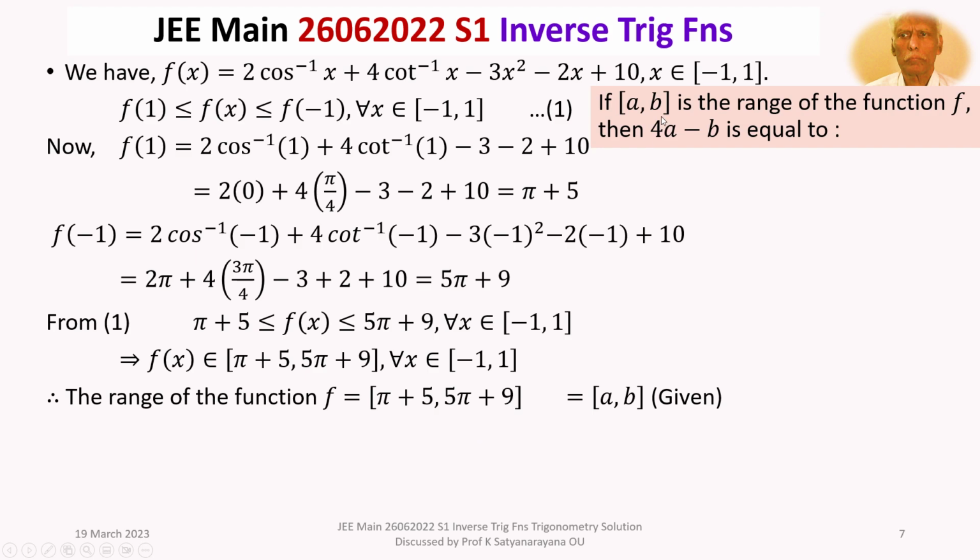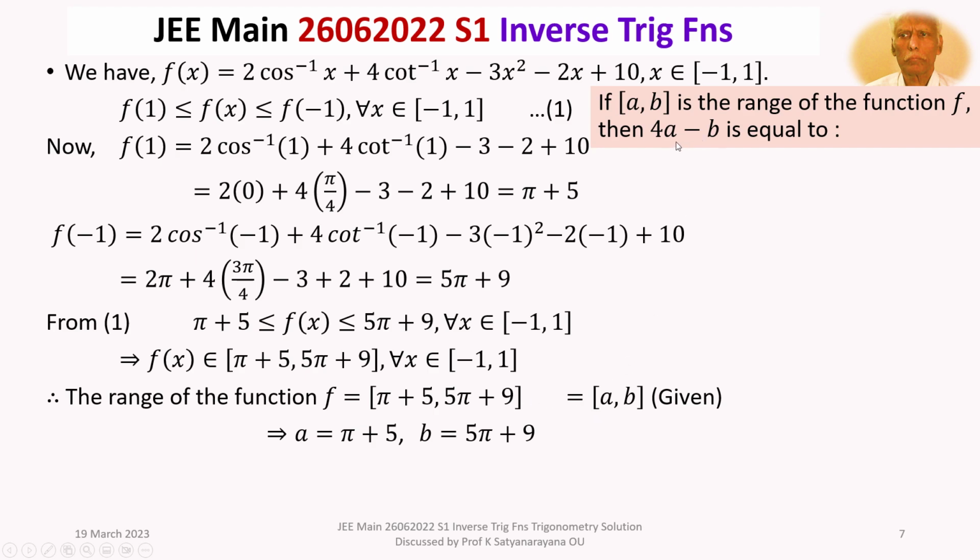The range is the closed and bounded interval a to b, then required to find 4a minus b. So, the closed and bounded interval pi plus 5 comma 5 pi plus 9 is equal to the closed and bounded interval a comma b, then a is equal to pi plus 5, b is equal to 5 pi plus 9.